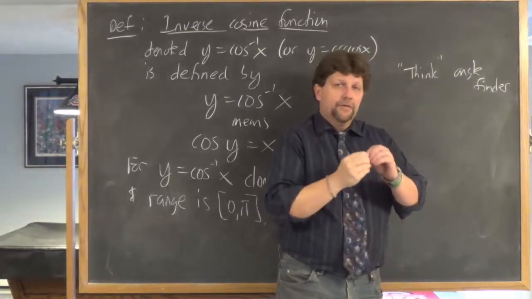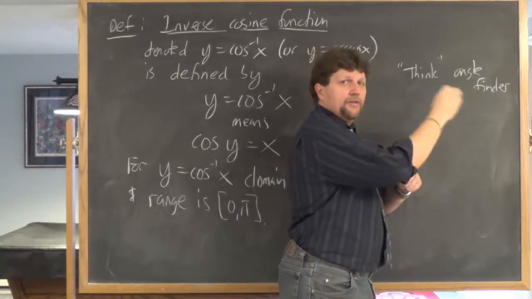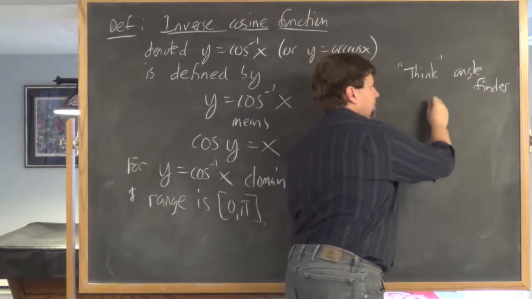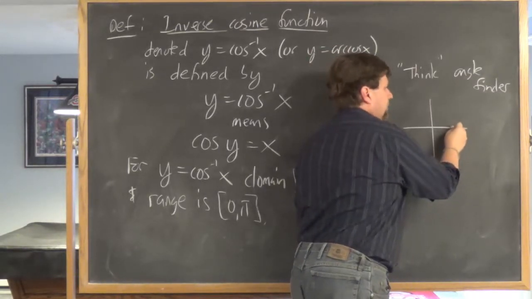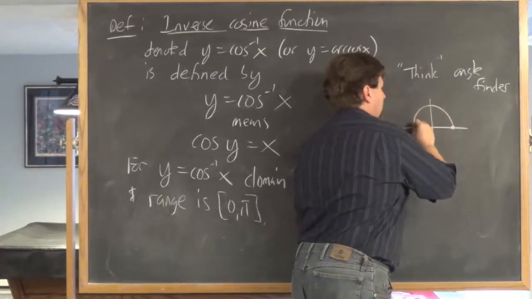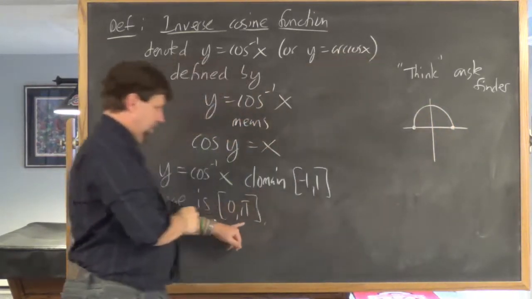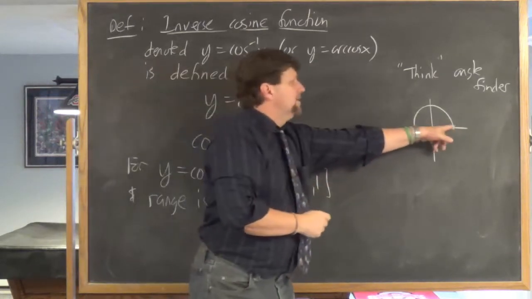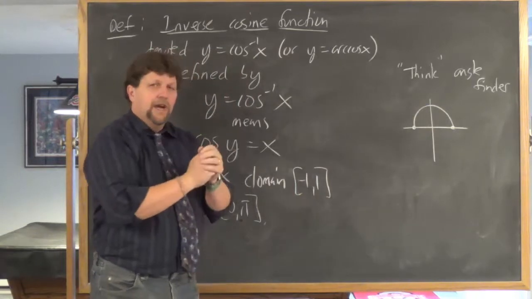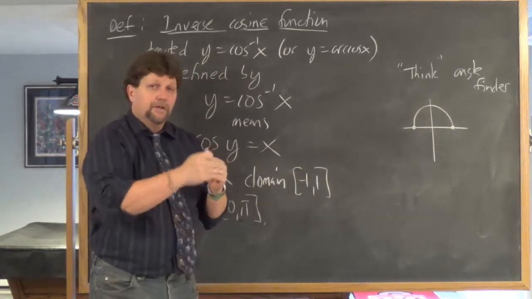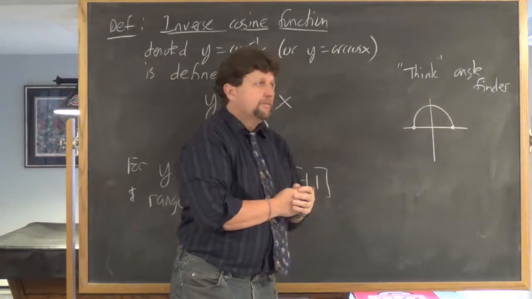Now remember, inverse sine is finding an angle off the right half of the unit circle. Inverse cosine is finding an angle off the top half of the unit circle. That comes from this part here, 0 to pi. So inverse cosine, its job, angle finder. Where's it looking for the angle? It's looking on the top half of the unit circle.